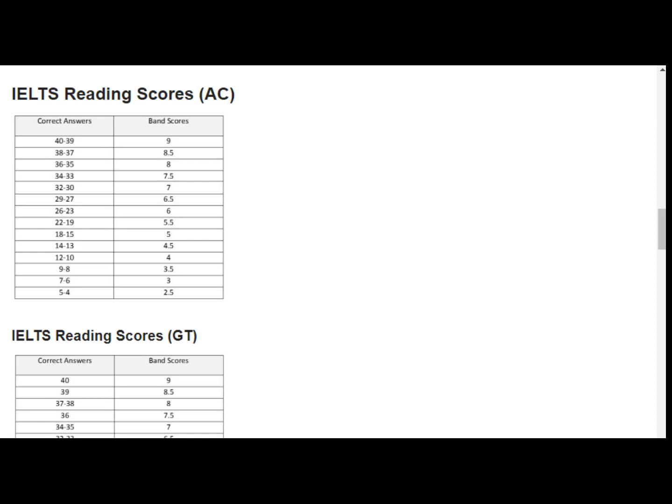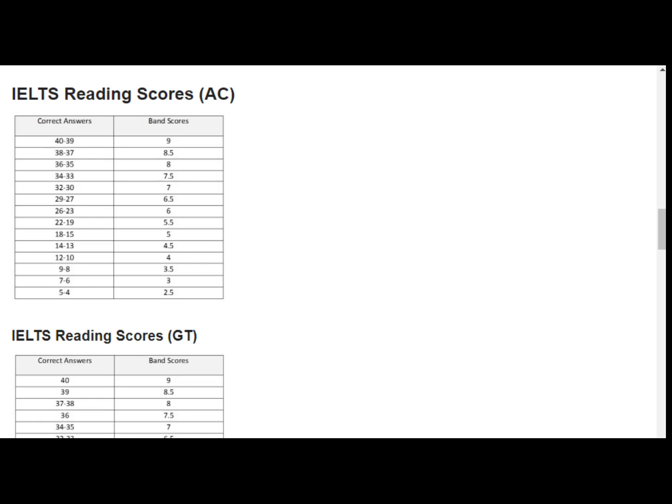Just to show you what I mean, this is a chart showing how the band scores are distributed according to the marks that you have received. If you get, for example, 30/40, 31/40, 32/40 in IELTS reading academic, anything between 30 to 32, then you have a band 7.